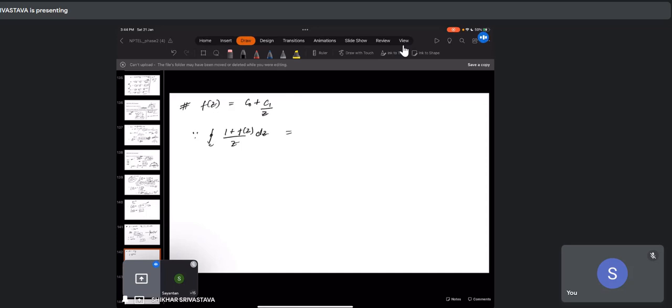So here you just put f(z) equal to c naught plus c1 by z dz. So you can write this as (z plus c naught z plus c1) upon z square. Now what are the poles? z square is equal to 0. So the pole is at 0, but the order is 2 because it is z square.